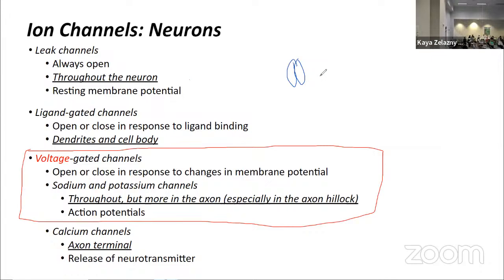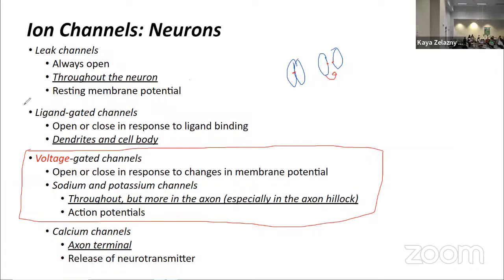At -70 they're closed, but when we hit a specific voltage, they open. They do this in part because they have gates that are initially closed and then open up. Depending on whether it's a sodium or potassium channel, we might have one or two gates. That's what we're going to get into with the rest of today.